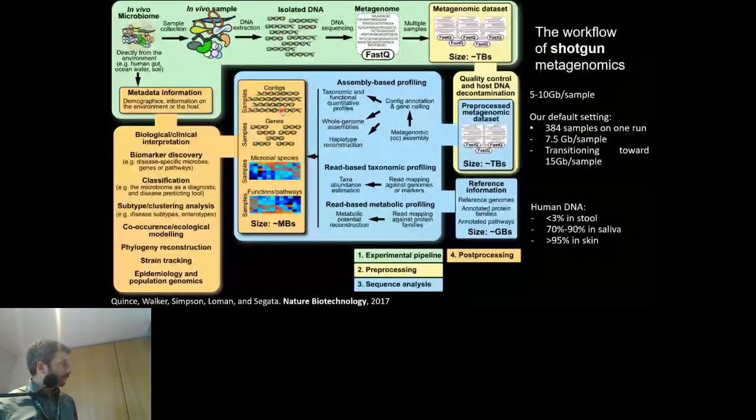And this is more classical, if you like, bioinformatics analysis, at least in theory, trying to do something like biomarker discovery, meaning finding which species, functions, or genomes are differentiating different conditions, for example. But there is much, much more, and we will touch base on a couple of these points later.